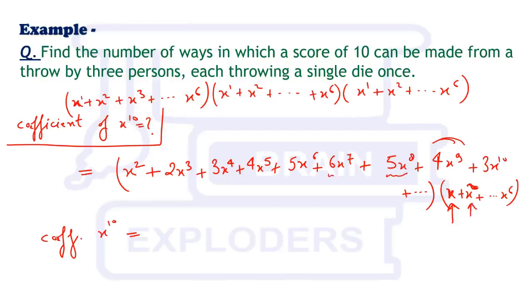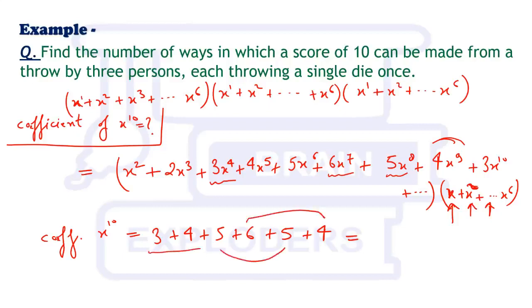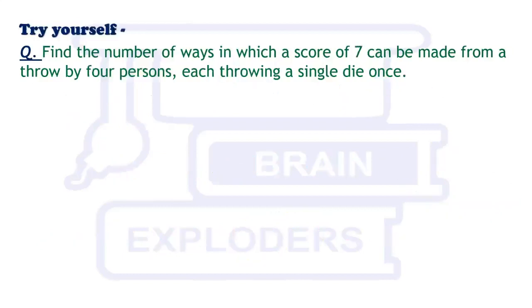When we multiply x raised to the power 7 with the x cube term, we get 6, and in this way we continue up to 3. So we can write 3 plus 4 plus 5 plus 6 plus 5 plus 4. Here 6 and 4 make 10, 5 and 5 make 10, and this 7, so it is equal to 27.